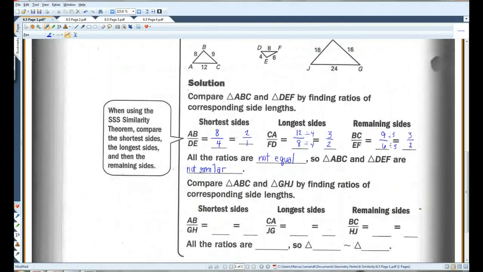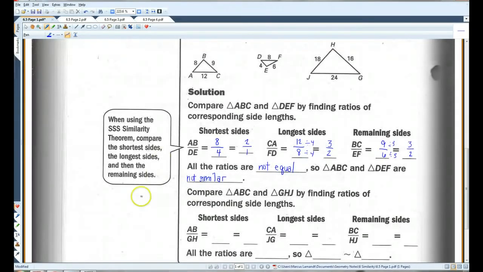Let's try the other two triangles. AB and GH. AB is 8. GH is 16. This simplifies to 1 over 2 if you divide top and bottom by 8. CA and JG. CA is 12. JG is 24. This also simplifies to 1 over 2 if you divide top and bottom by 12.